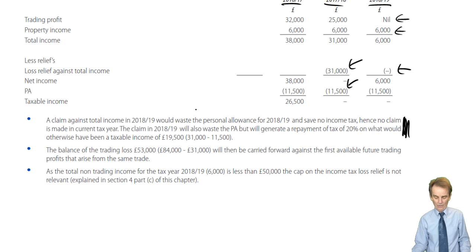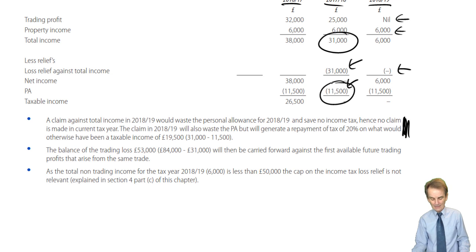So we use 31,000 to avoid otherwise paying tax on 19,500. Where that came from, you would have had 31,000 total income, and you would have had to go against it a personal allowance of 11,500. That therefore, I think, would have left you with £19,500.